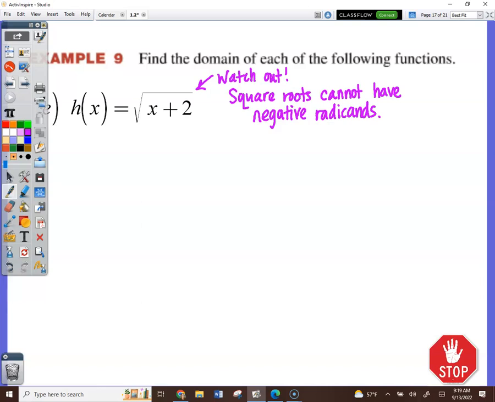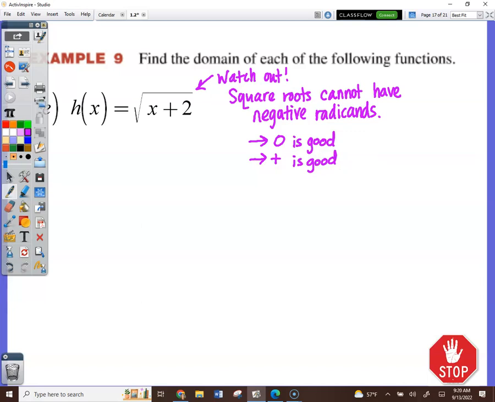So the way to think is, what's allowed? We know negative is not allowed, which means 0 is good or positive is good, right? I'm writing notes as I'm talking out loud. 0's allowed, positive's allowed, yes?